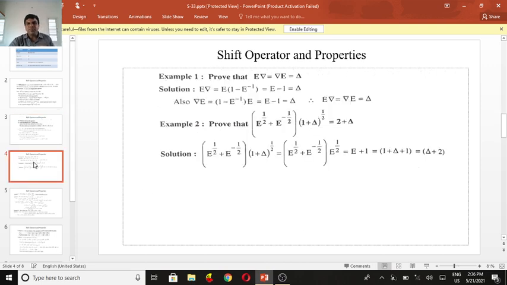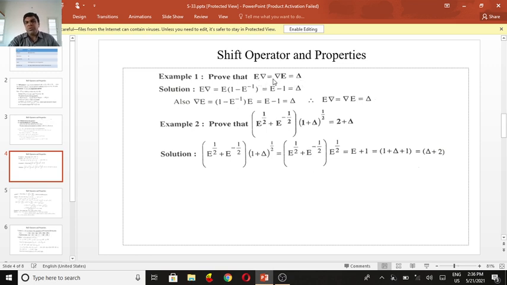Now we come to a simple example regarding backward delta, forward delta and the operator E. To prove E backward delta is equal to backward delta E equal to forward delta.